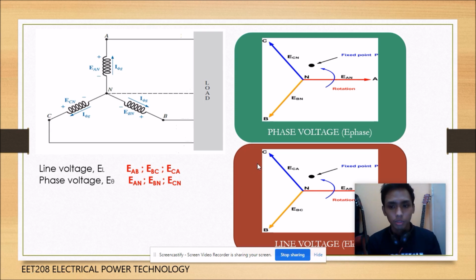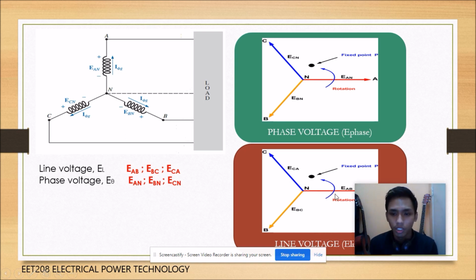As we can see, this one is for phase voltage in positive phase sequence, and this is also for line voltage in positive phase sequence. We just focus on the line voltage sequence.